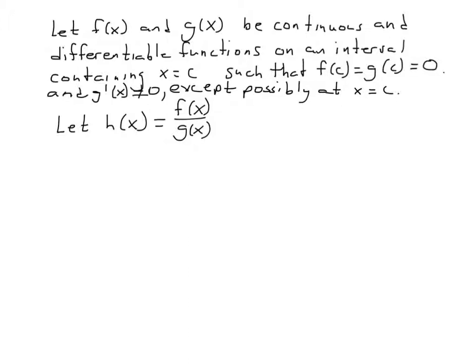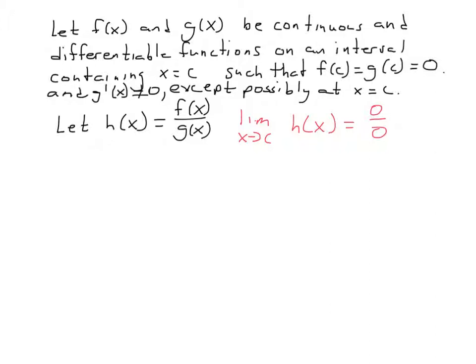So if I let some function h of x equal f of x over g of x, it's very obvious from there that, based on our definition, the limit as x approaches c of h of x would come out to be 0 over 0, one of our indeterminate forms.